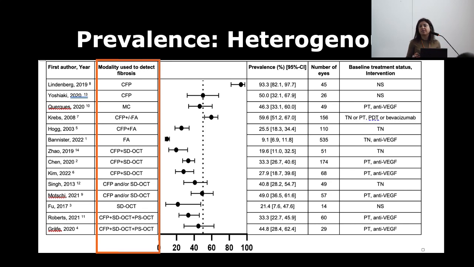At the beginning, for example, in the CATT trial, only color fundus photography was used to diagnose fibrosis, but now we have OCT and also polarized light OCT that are more efficient to diagnose fibrosis, and this may have an effect on the total prevalence.